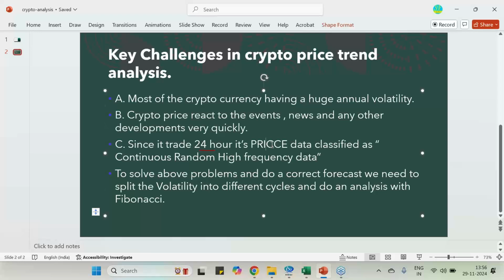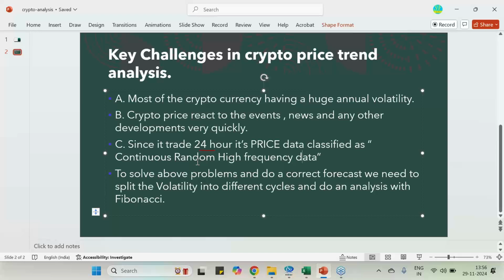So their price data is classified as continuous random high frequency data, and this is also discrete in nature. Stock market prices are discrete random high frequency data, but this is continuous high frequency data.